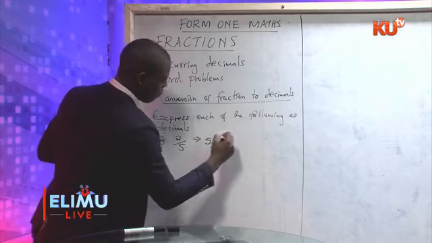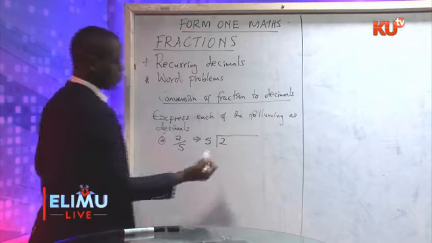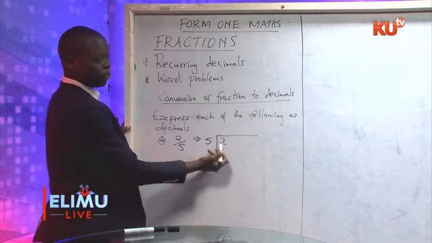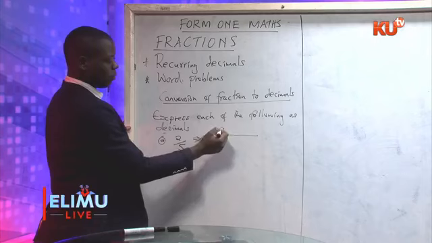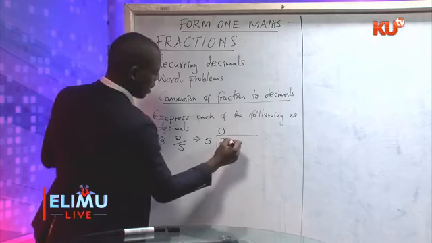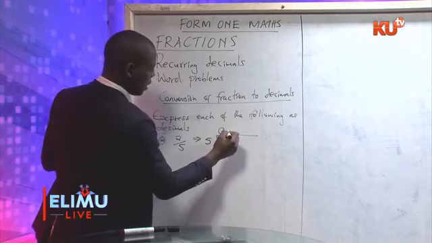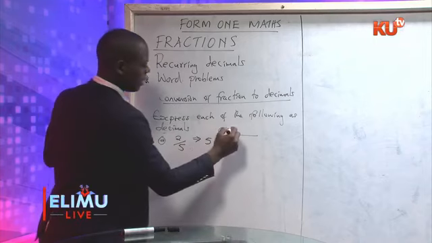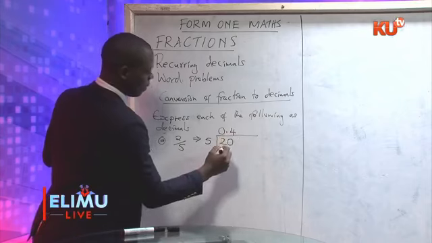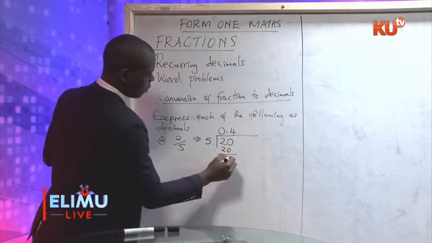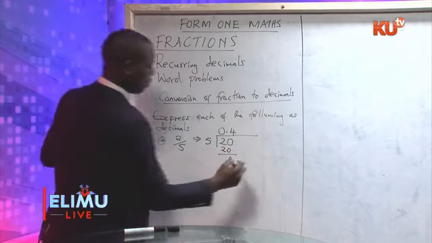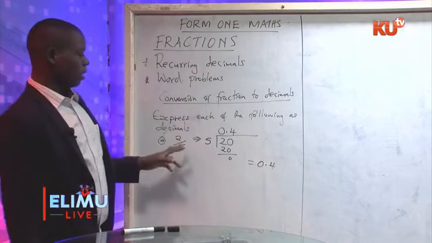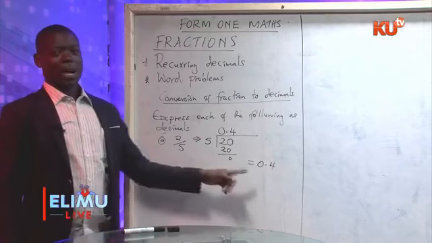So we take 5, we divide into 2, or 2 divided by 5. 5 cannot divide 2, so we write 0 on top of 2. And then we add a 0 to 2 to make it 20 and put a decimal point. Then 5 into 20 is 4, so that we have 4 by 5 is 20, a difference of 0. So the solution becomes 0.4. We shall have expressed 2 over 5 as a decimal.